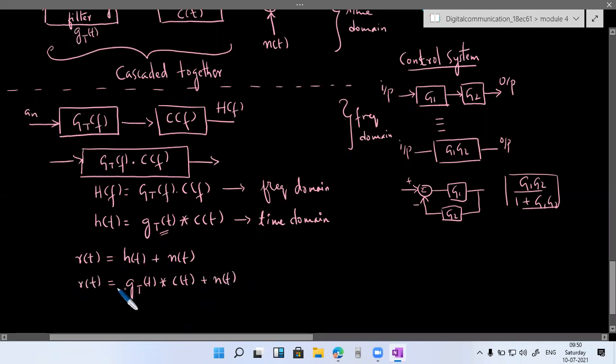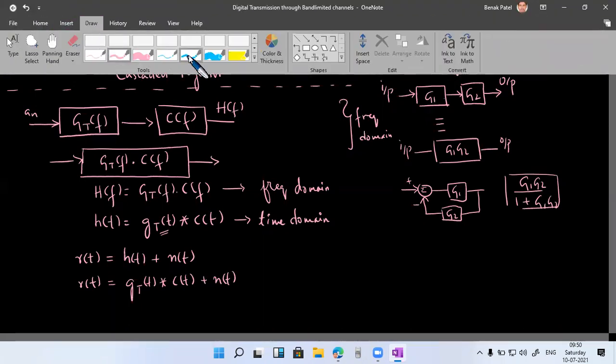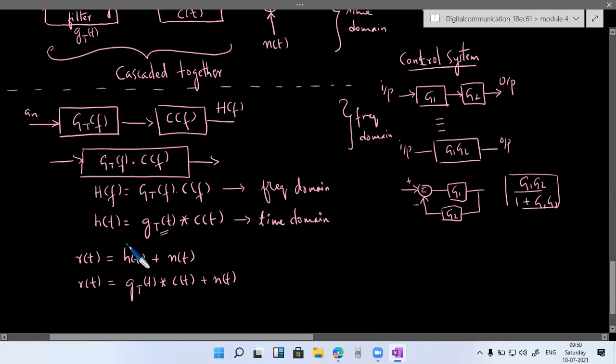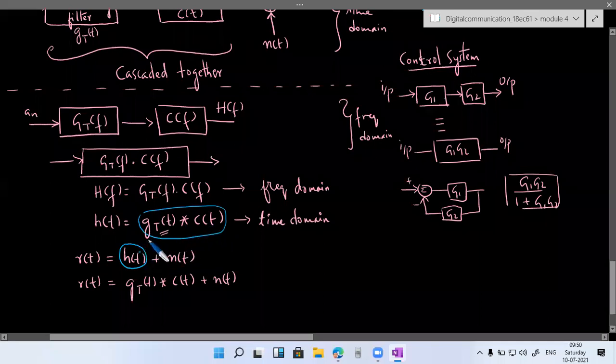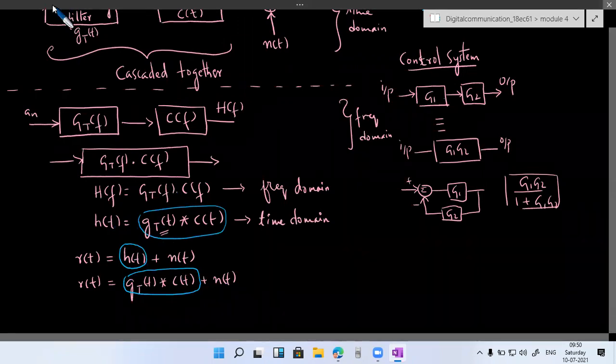I hope this is very straightforward. Here in place of this H of t, because H of t is in turn equal to the convolution between G_T of t and C of t, I have just substituted this equation. That is what we have done.